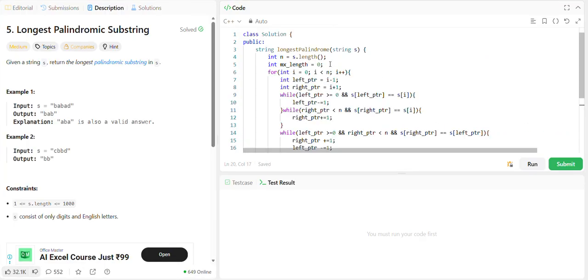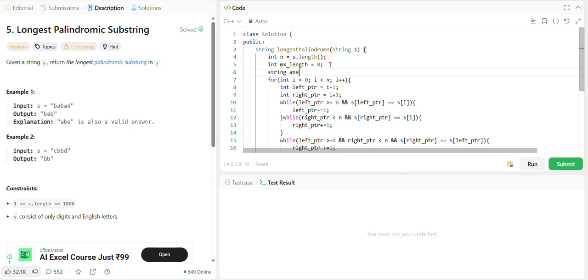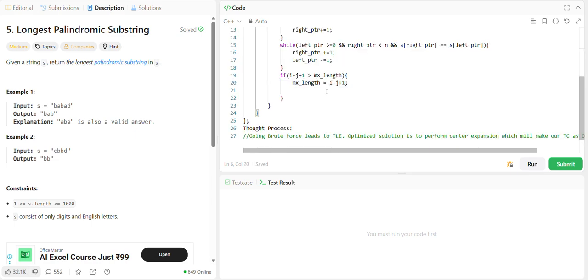And let's have string answer here. So answer will be equal to s dot substr.